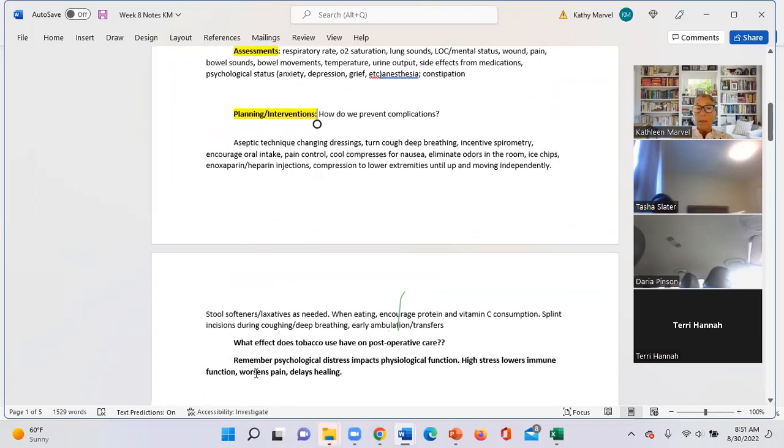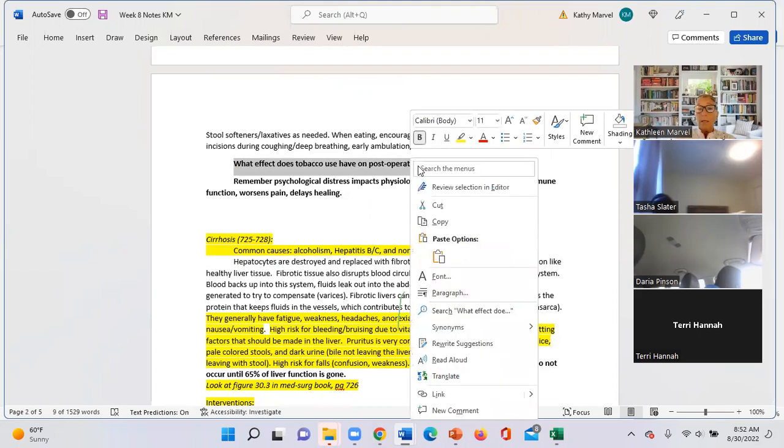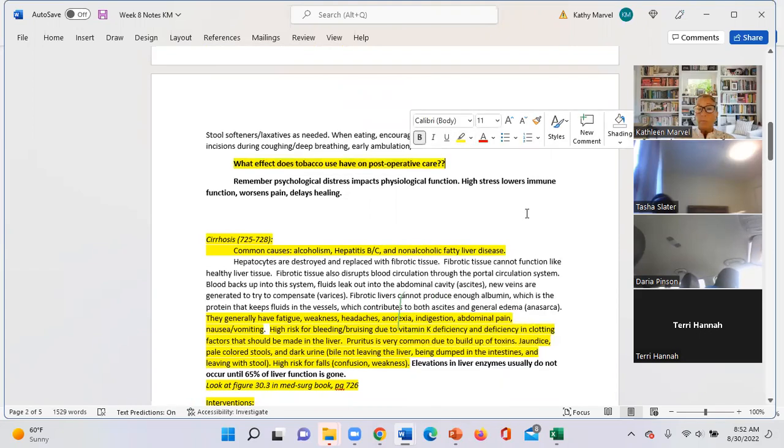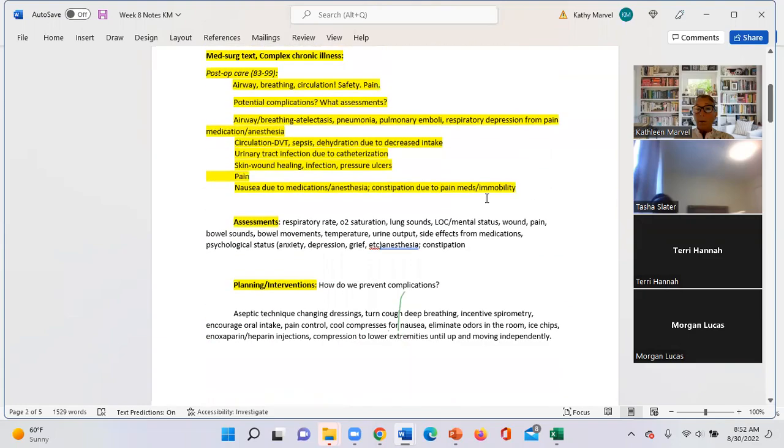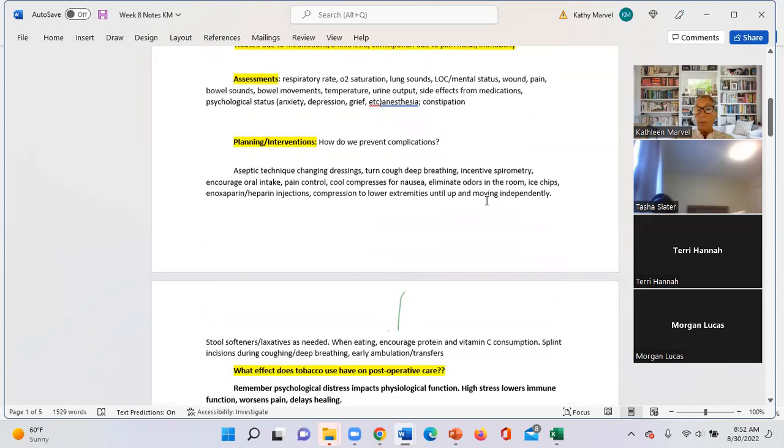Your information is right here. Using aseptic technique, changing dressings, turn, cough, deep breathe, incentive spirometry. Here's another question. What effects does tobacco have on post-op care? You think it delays healing? Yes, it definitely does. Okay. So those are just some cheat sheet notes on your med-surg, but please go back and do the reading.